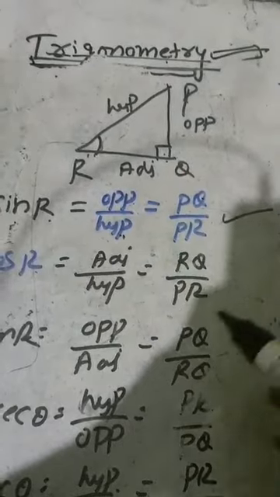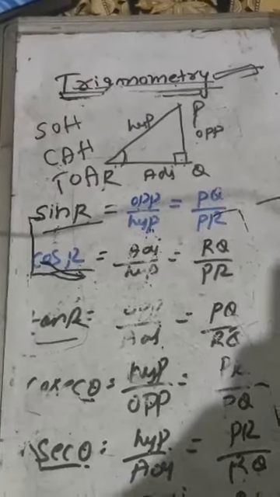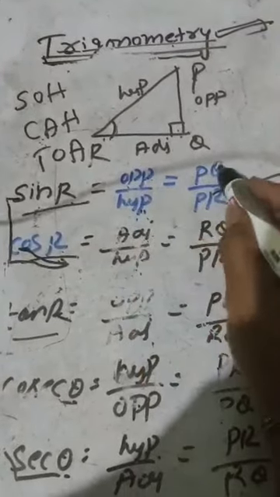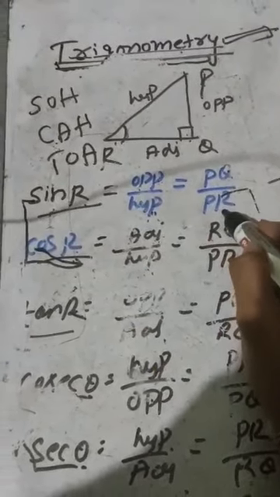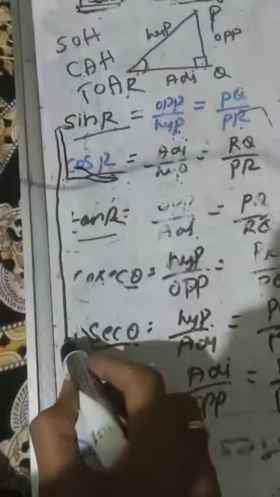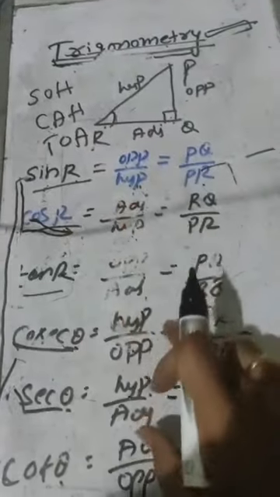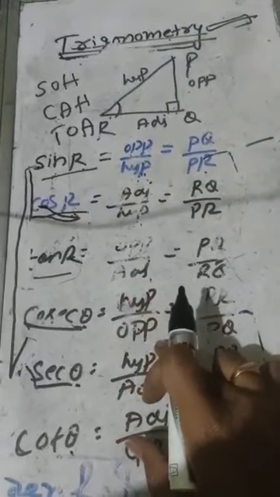Sin means opposite by hypotenuse, that is PQ by PR. After sin, we come to cosec theta. Look at the relation. Sin means opposite by hypotenuse, cosec means hypotenuse by opposite.